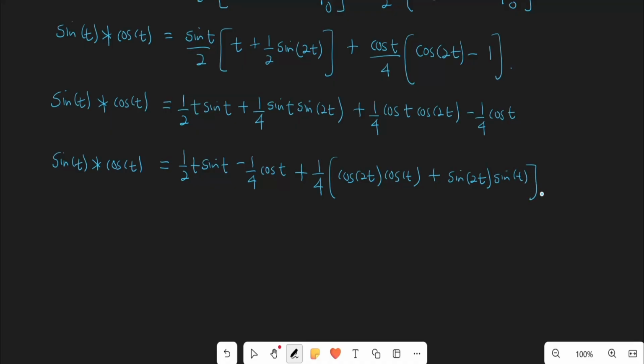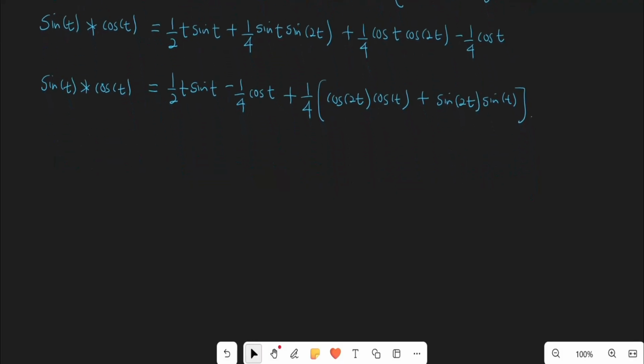Cool stuff. Now using the double angle identity, let me do it here for you to see. What is this one? It is 2t minus t, like this. Using the double angle identity, this one is going to be cosine of 2t, the first one, then cosine of t, the second one.